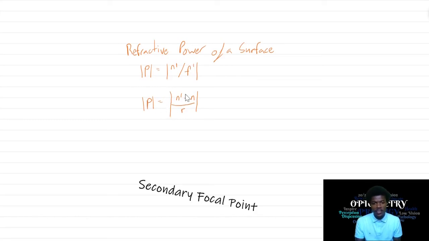And P, the refractive power, can either be plus or minus. Plus is for converging surfaces, or surfaces that cause the rays to converge, or negative for diverging surfaces, or surfaces that cause the light rays to diverge. So let us go into how to understand the focal points.